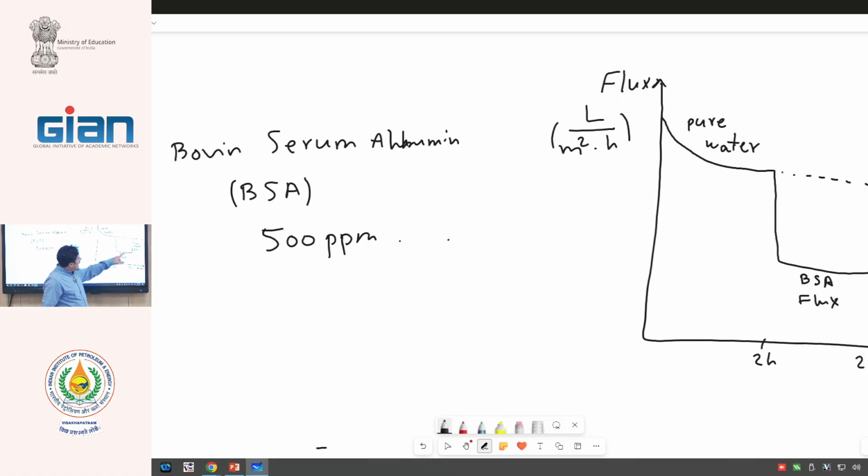After fouling and cleaning, the ideal membrane comes back to here. But our membrane does not have complete recovery. We can calculate the amount of recovery. We name this one G1, the protein flux, and G pure water 2, okay?